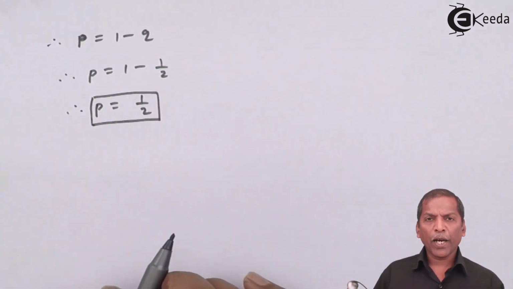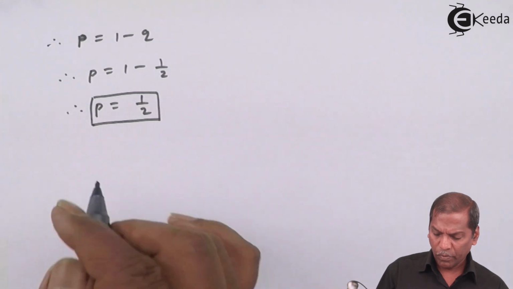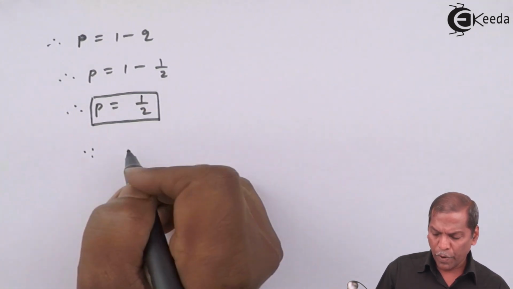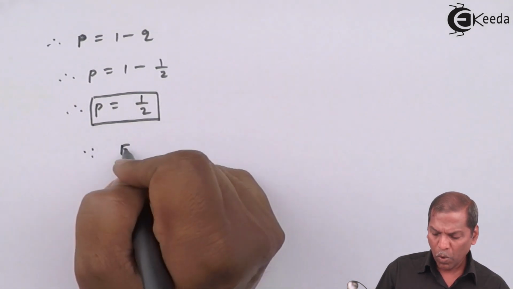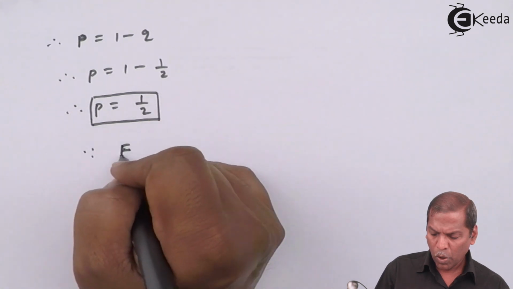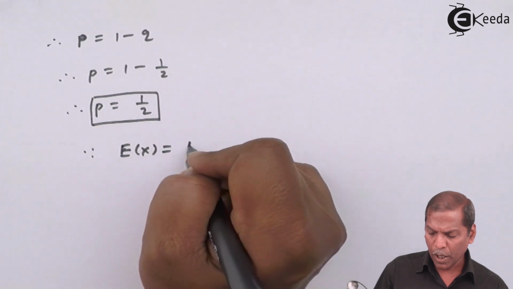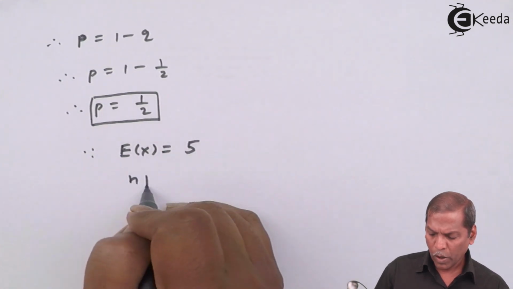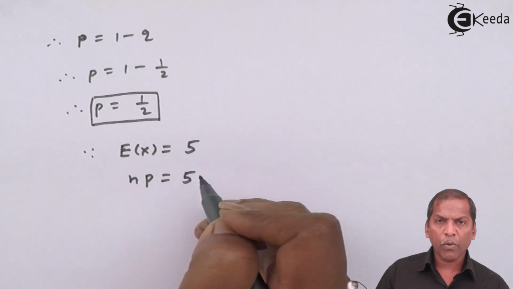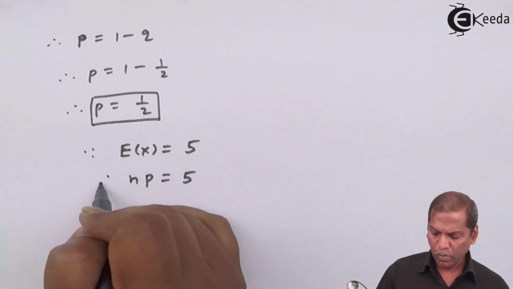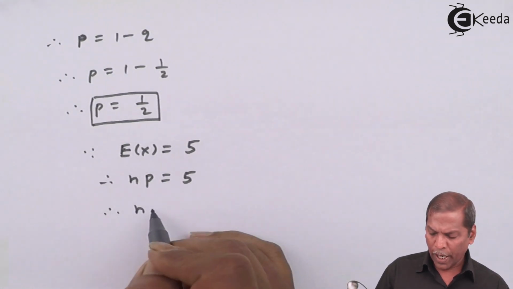Now we need the value of n. Since we have expected value of x equal to 5, that is NP equal to 5, and we write it as it is.